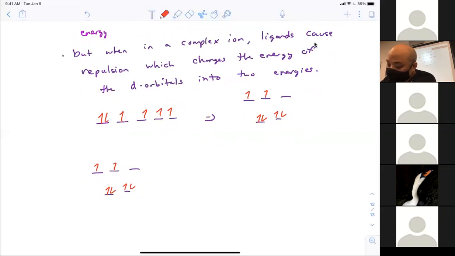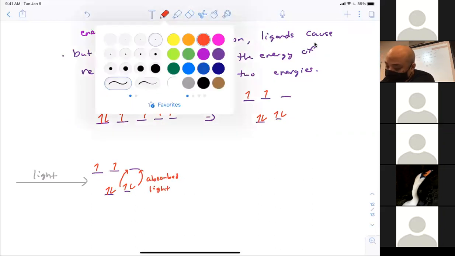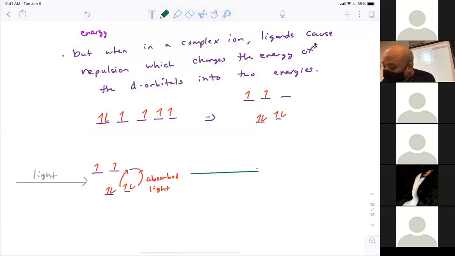And now what happens is when light comes in, some of the colors are absorbed so that the electrons can jump up. The light that's not absorbed is what you see. So whatever light is absorbed, you see the complementary color of that. There is no light being emitted or produced. You need to shine light on it so that you can see the actual color.